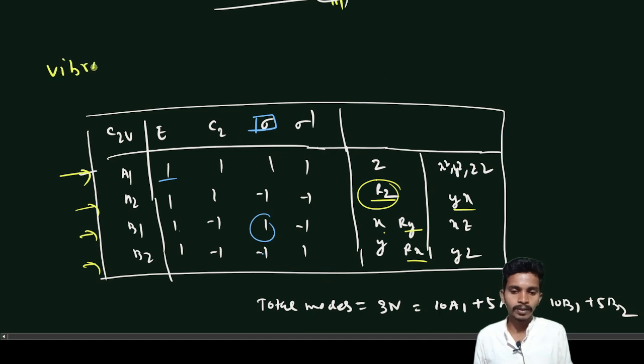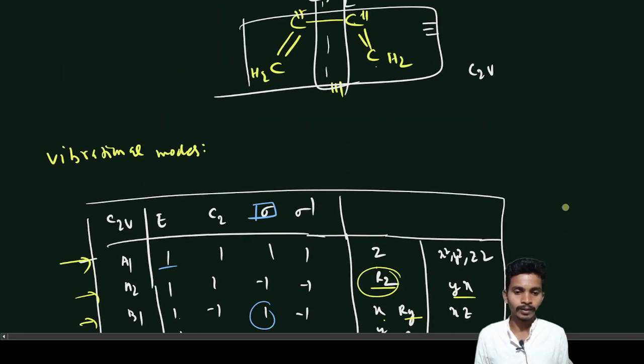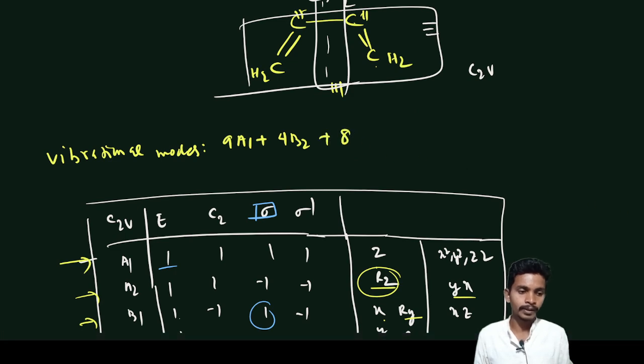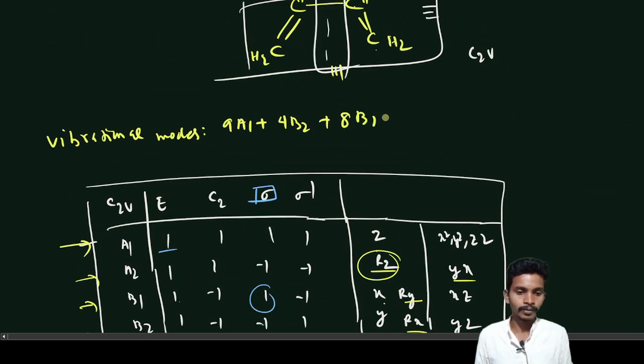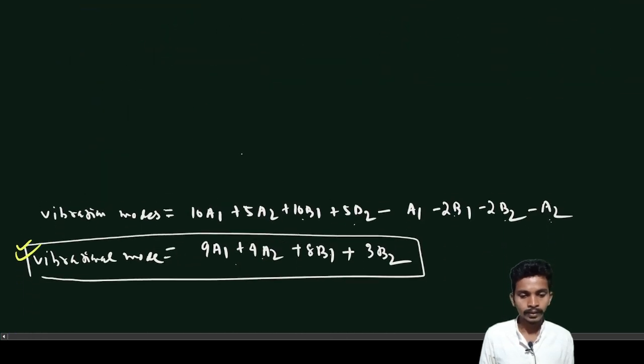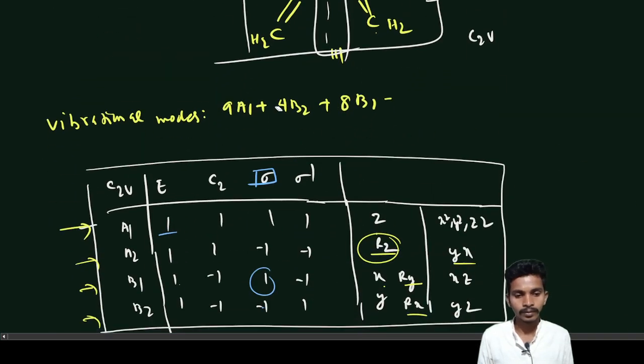What are the vibrational modes I got? 9A1, 4A2, 8B1 and 3B2.